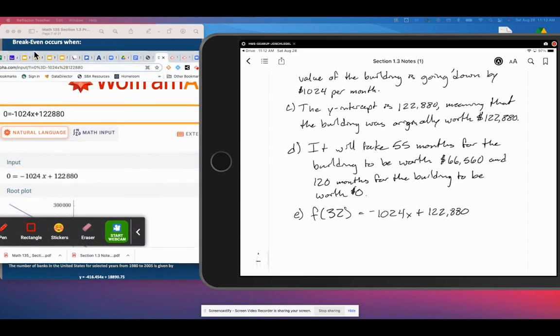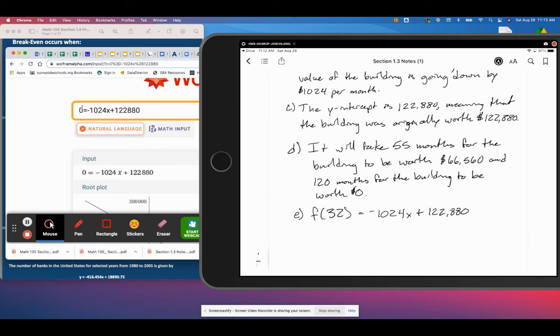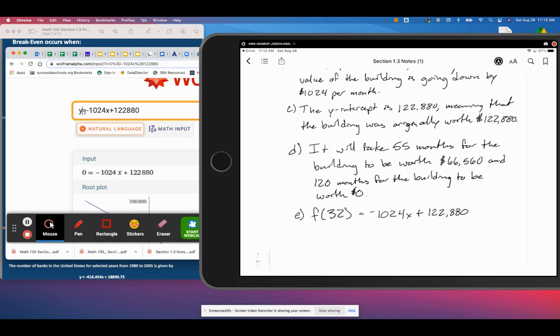And so as I mentioned, y and f of, in this case, 32 can be used interchangeably. So in Wolfram, we're going to leave that as a y. And we just need to recognize that the 32 in f of 32 is telling us that 32 is the x value. So what we actually need to do is replace x with 32 in the equation.